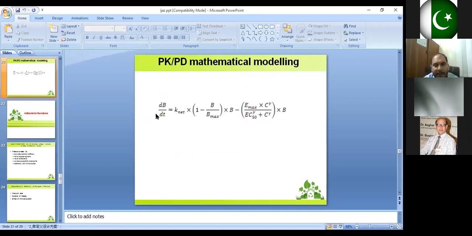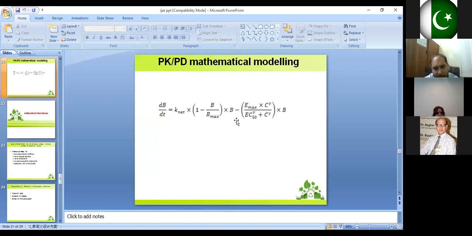PD modeling, some formulas are so difficult, but I think it's important that we should know the mathematical modeling of the bacteria. In this model, we will also use the control of after how much time bacterial growth occurs and its multiplication.